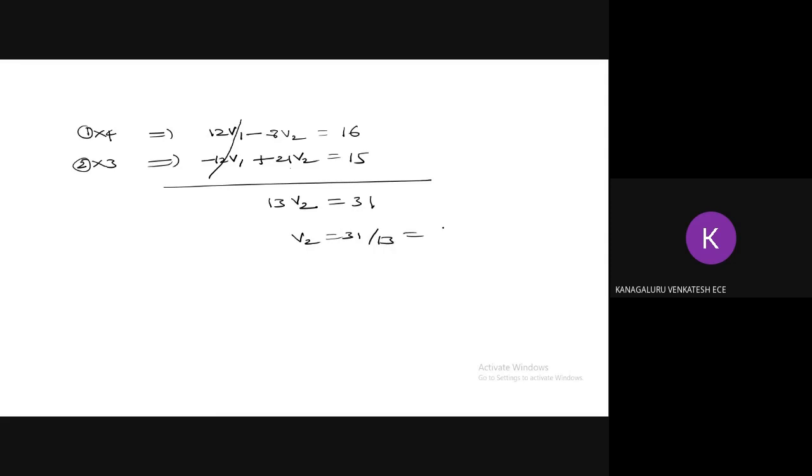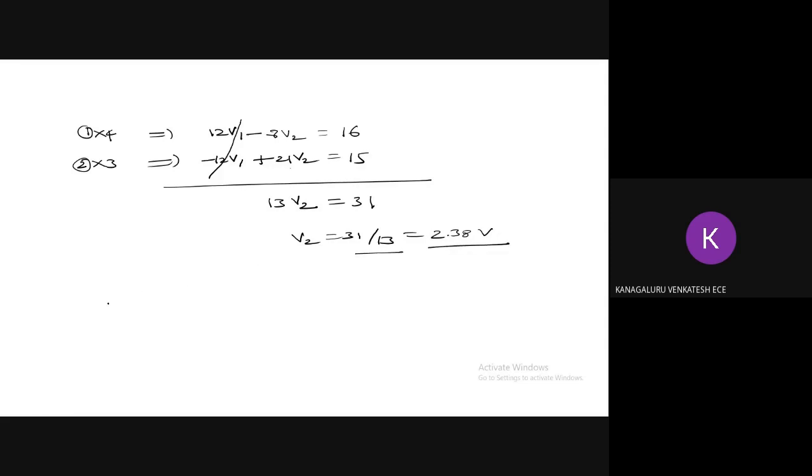Take a calculator. 31 by 13, you get 2.38 volt.